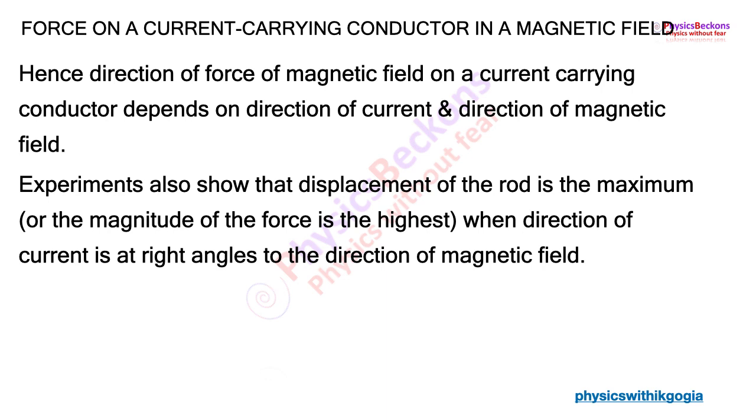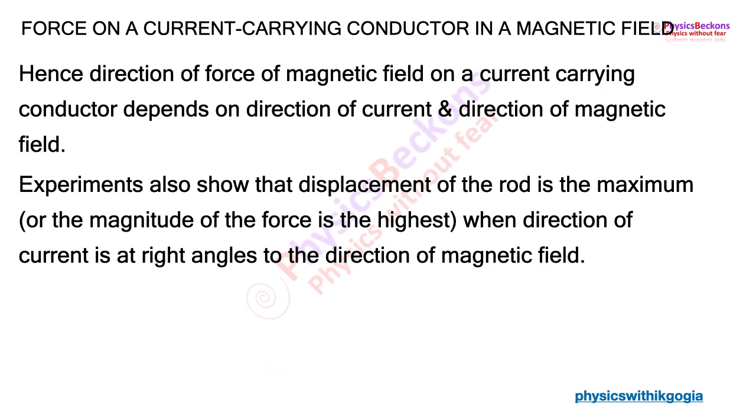So experiments show that the displacement of the rod is maximum or the magnitude of the force is the highest when the direction of current is at right angles to direction of magnetic field.